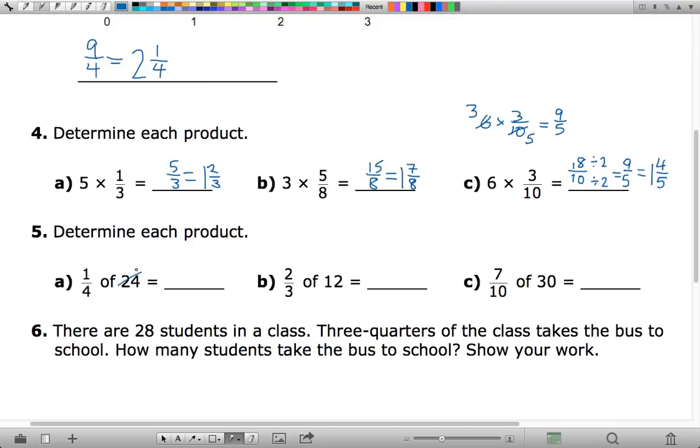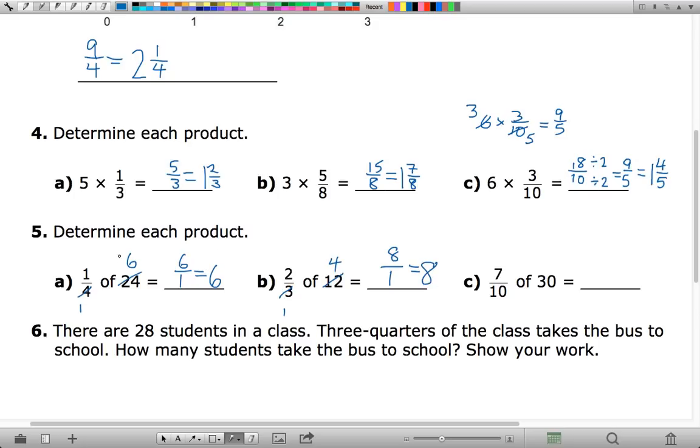Here's a case where we could do that. I can divide the 24 by 4, and I can divide the 4 by 4, it gives me 1. So now I have 1 times 6 is 6 over 1, or in other words, this is just 6. 2/3 of 12, well again, dividing this by 3, dividing this by 3, and I have 2 times 4 is 8 over 1, which is just 8.